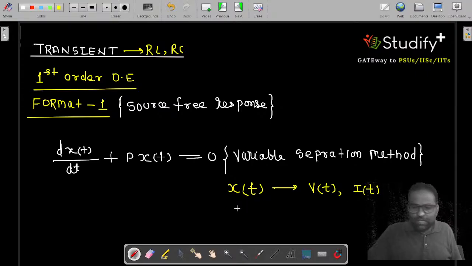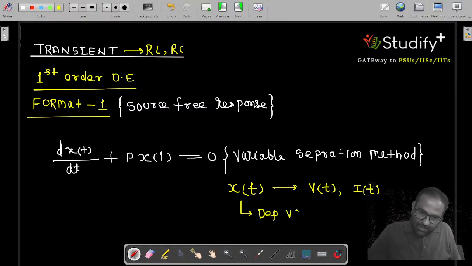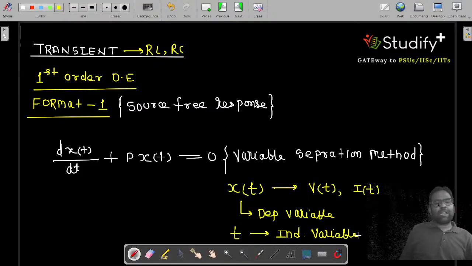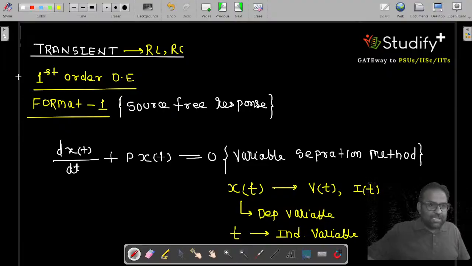This x(t) is known as the dependent variable, and here t is known as the independent variable. So in our electrical circuits, we will write the voltage or current response with respect to time.